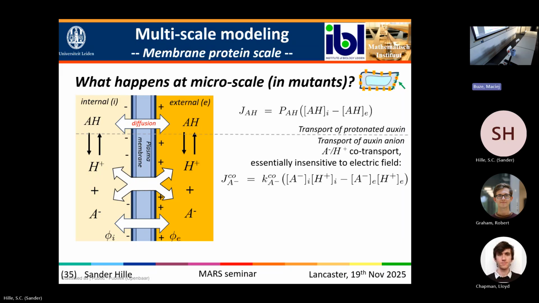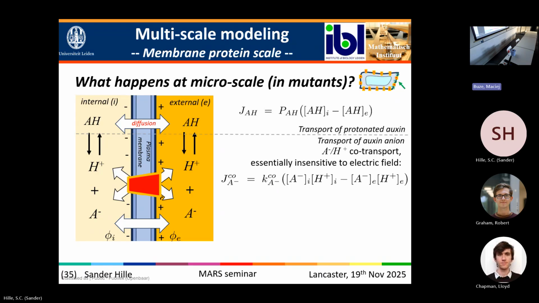If you go to the anion form, there can be two versions. You can have co-transport, which is essentially electrically neutral, and then it's insensitive to the electric field. And if you work out the details of how this transport can look, you get this kind of expression and dependence on the acidity.